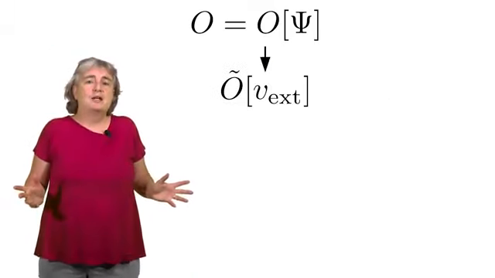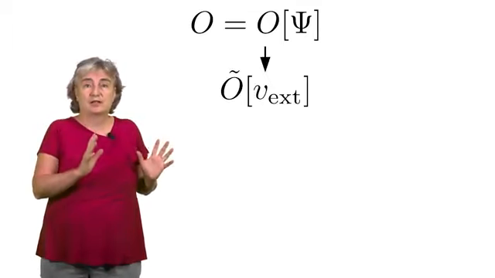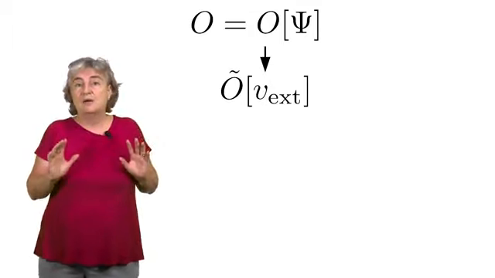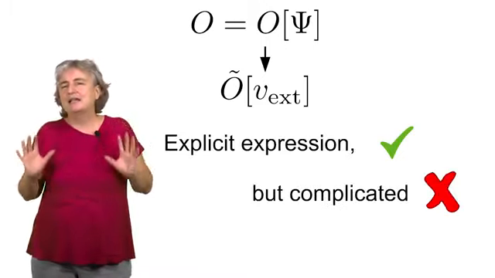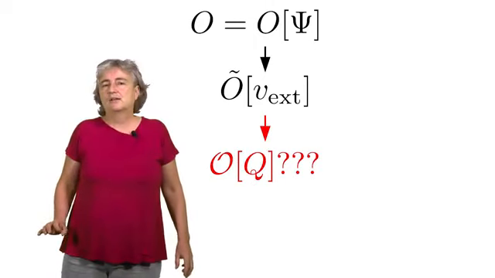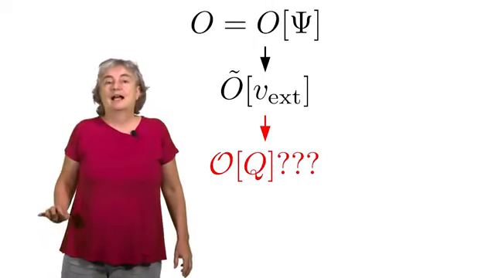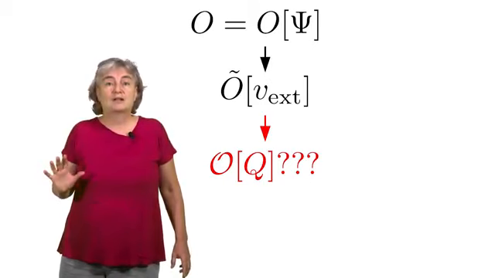In principle, we know that observables depend only on the external potential. And we know an explicit expression. But it is really too complicated to be useful. So the question is, can we find another simple quantity in terms of which we could express our observables?